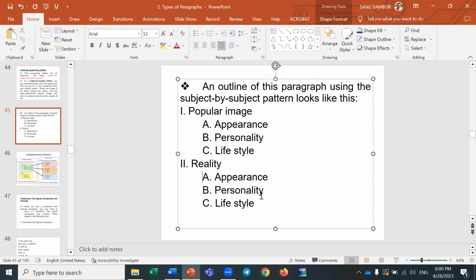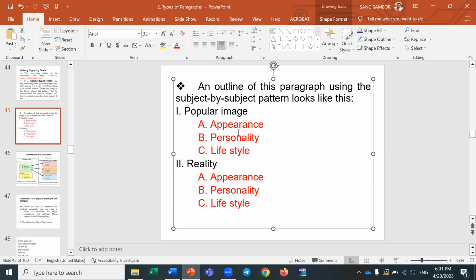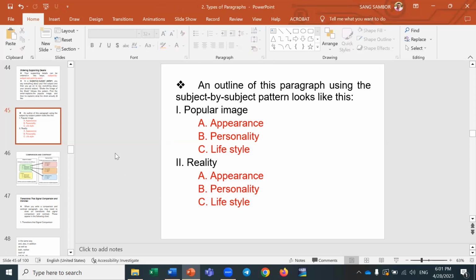You will also include everything about the second item as well. So you have the first subject here, popular image, and you say everything about it: appearance, personality, lifestyle. And when you go to the second subject, reality, you also include appearance, personality, and lifestyle. So this is the first pattern.